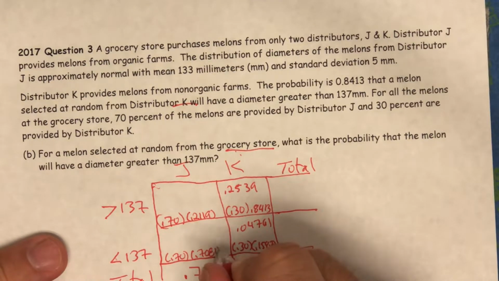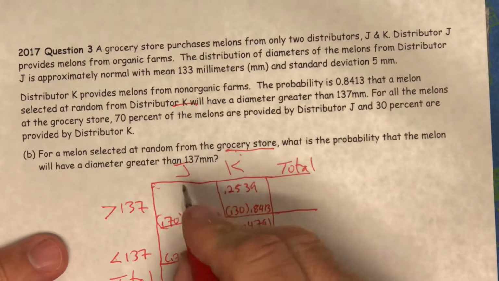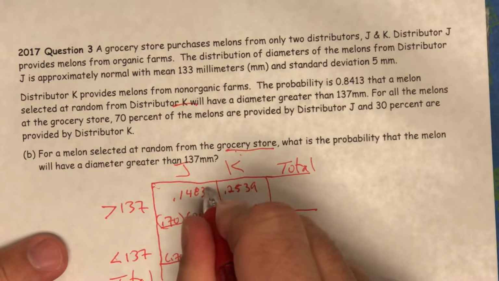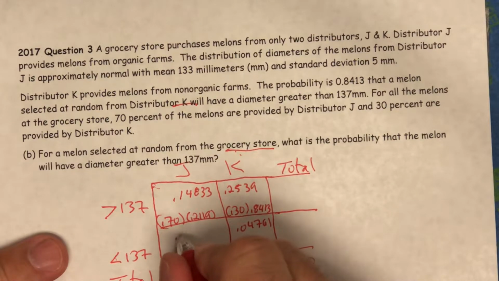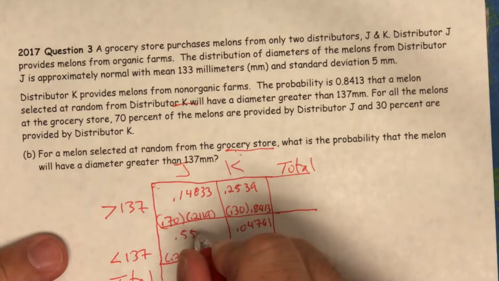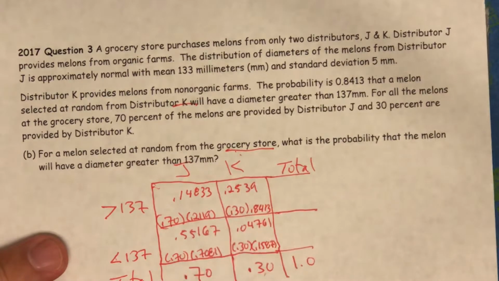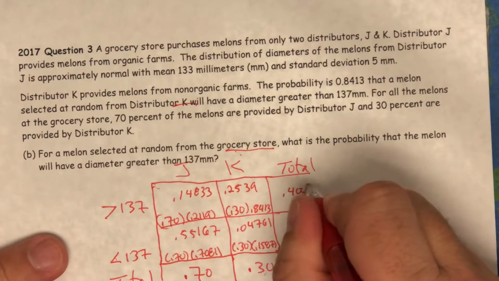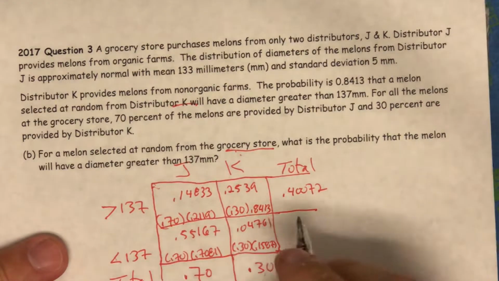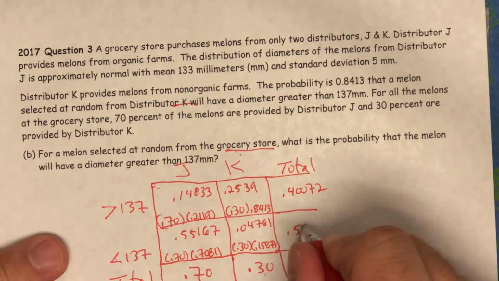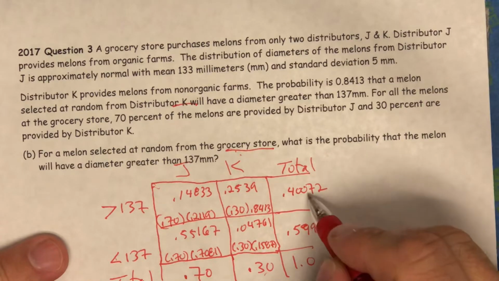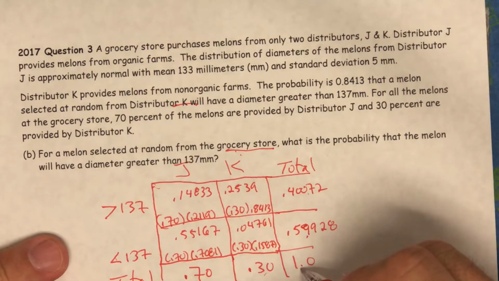When I multiply those values out, this sums to 0.14833, and this sums to 0.55167. So summing across, this is 0.40072. And summing across, this is 0.59928. And if I've done everything correctly, these two together will sum to one whole.